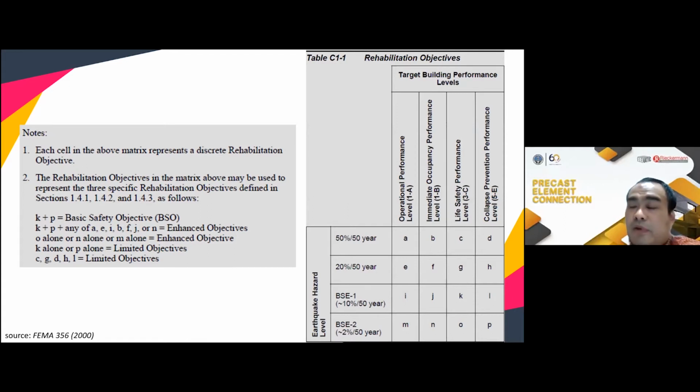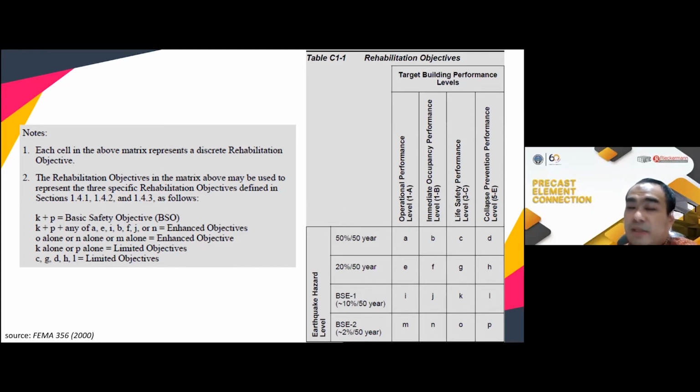Not only that, we can also say in terms of the business opportunities loss. So let's say if the structure is a shopping mall, and we have a cast in place monolithic structure, the structure will be severely damaged. We need to demolish and rebuild. It will take another 1 or 2 years to rebuild. So in 2 years, you cannot use the structure.